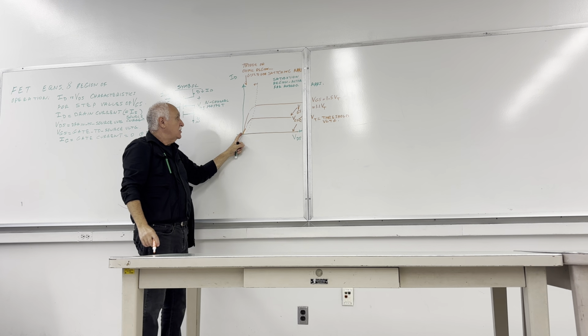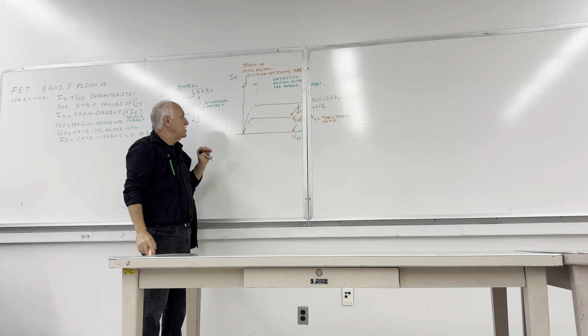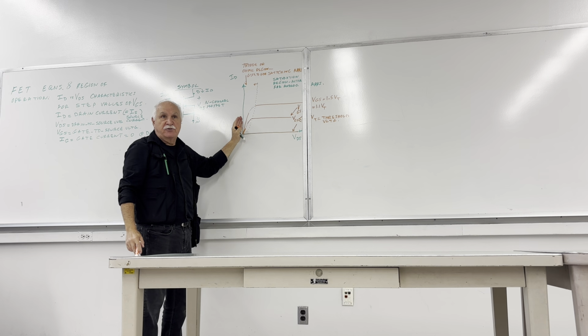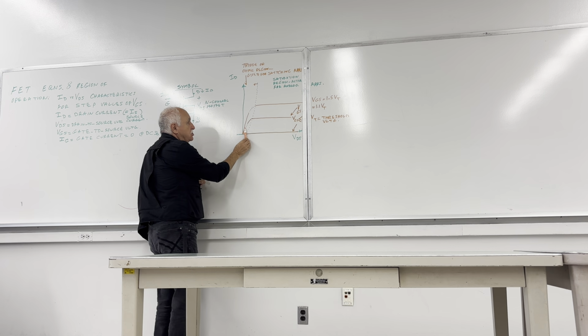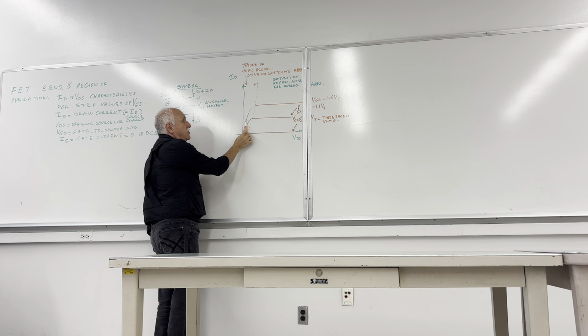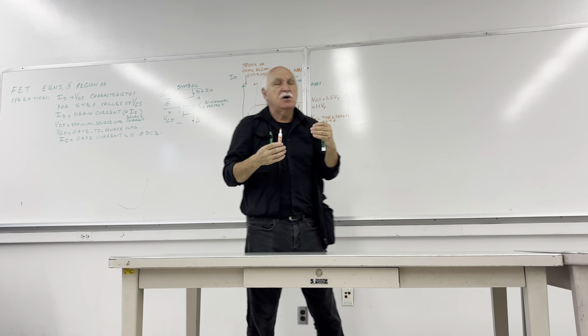But the law between ID and the VDS will be linear, just like a resistor, but steeper. Steeper means a smaller resistance because there is more conductivity for the same voltage. If you take a voltage here, the lower curve conducts less, the upper curve conducts more current. It's like a resistance being smaller.